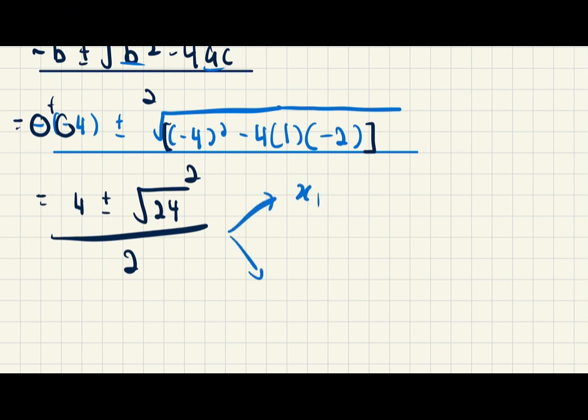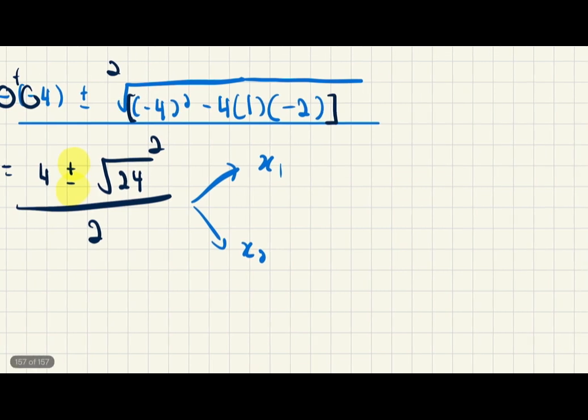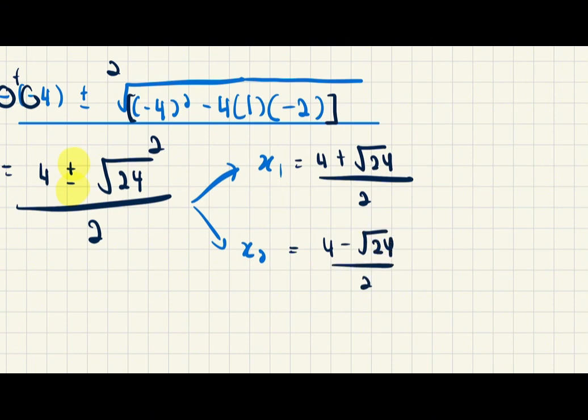So now straight away we know what we're going to do. x1, x2. There are two situations where this square root is plus and one is minus. So x1 we do plus, equals 4 plus square root 24 over 2. This one is 4 minus square root 24 over 2.